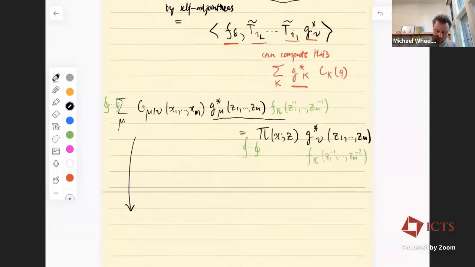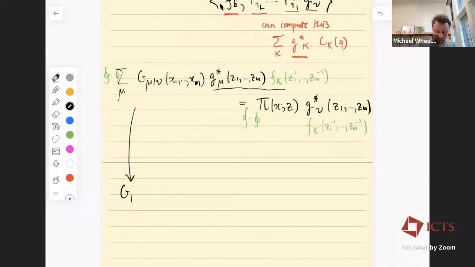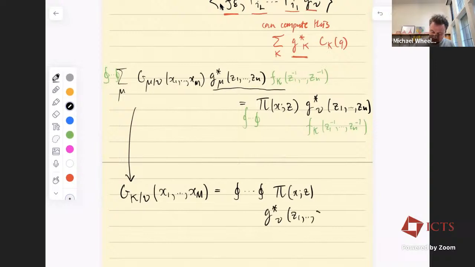And so out of this, you will get G of kappa over nu. Now the x's are the variables of G. But there's a formula for G as a multiple integral with this pi factor in it, and then G star nu in Z's and F kappa in the Z inverses.